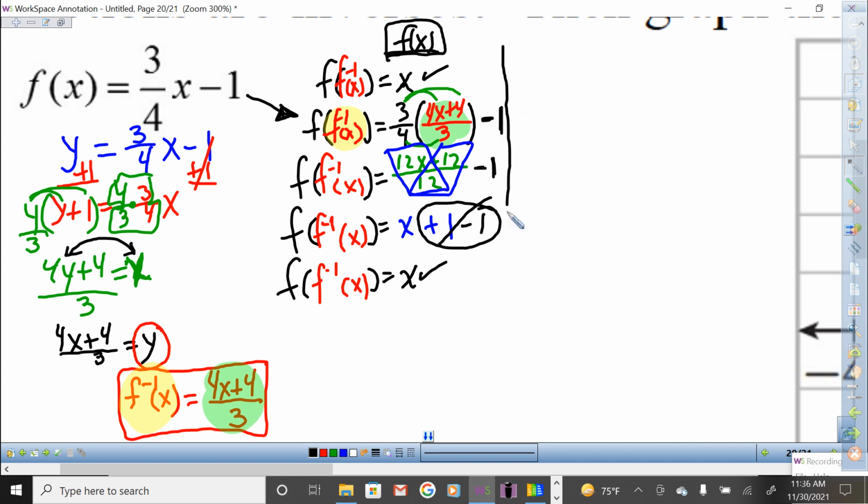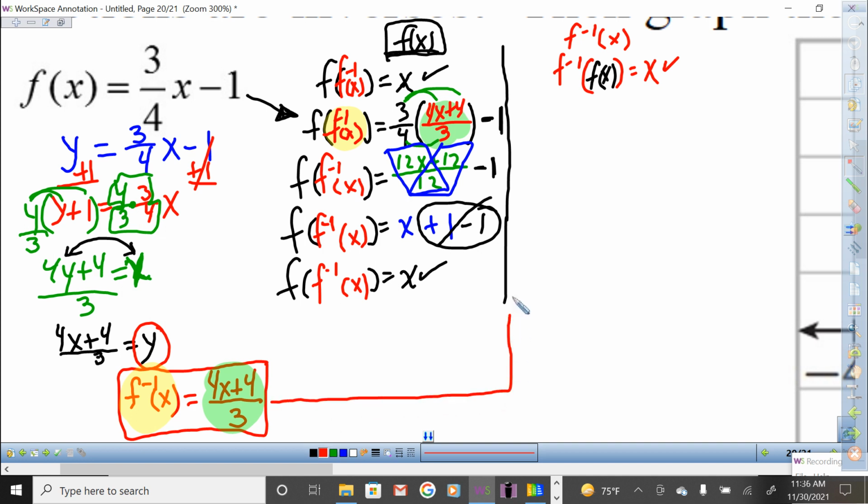But am I done? No, Mr. Q. Now I need to check the opposite. I'm going to start with the inverse of x. But instead of having an x in there to equal to x, what am I going to substitute in here, guys? F of x, yes. Which means I need to use now my inverse. I'm going to bring it over here.